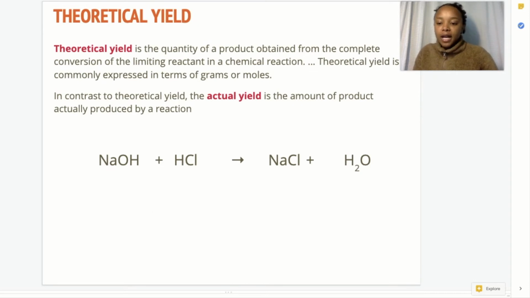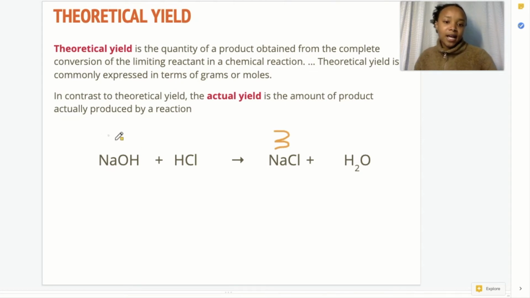So the numbers that I write on top of here are going to be, let's do a pretty color, let's do orange. The numbers on top are going to be the moles. So let's say I need 3 moles of NaCl. And then I use my research to calculate how many moles of NaOH and HCl I need. So I'm just going to make it up for right now just to prove a point.